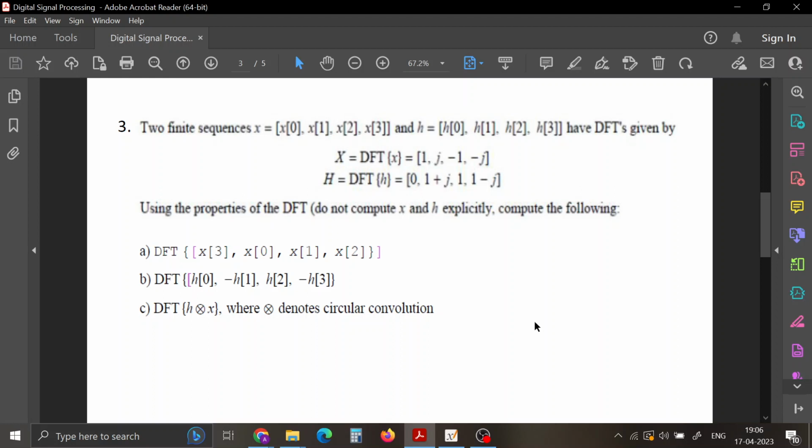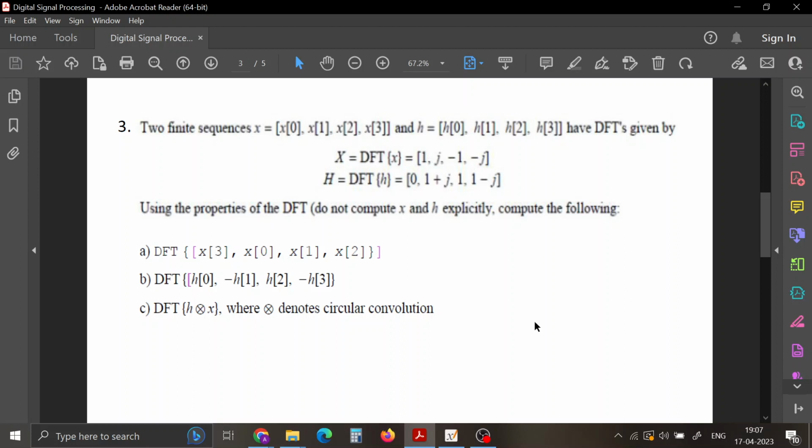Here the order is the same, except that there are alternate signs. For the first term we have a positive sign, h of 0, for the second term we have a minus sign in front of h of 1. Then again a positive sign, and finally a negative sign in front of h of 3. So we have alternating signs. How can you write that?